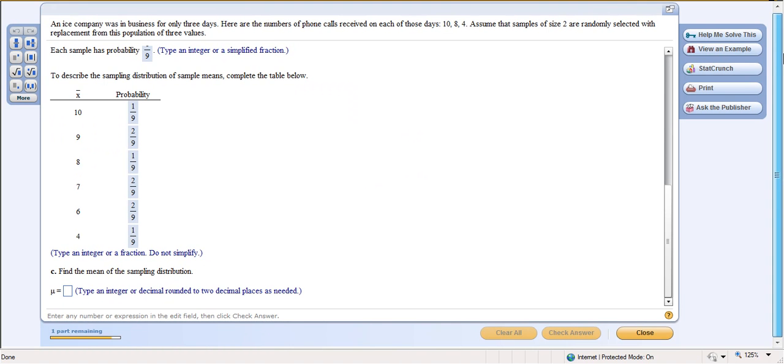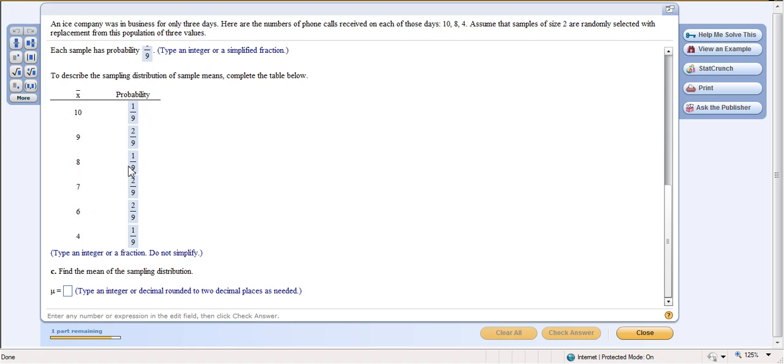And then we're going to move down here where it says find the mean of the sampling distribution, which we already know what it is, but they're showing you a formula that goes with the discrete probability distributions. When you take x times p of x, that'd be 10 ninths, and then you add that to 9 times 2 ninths.